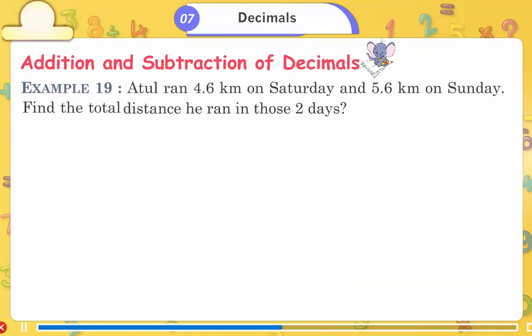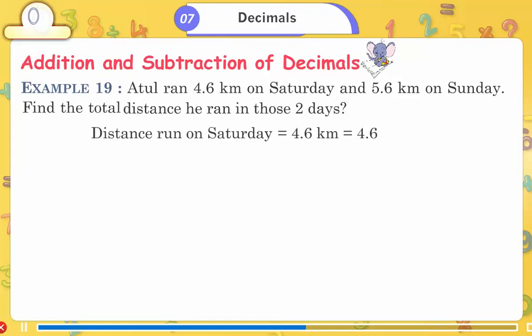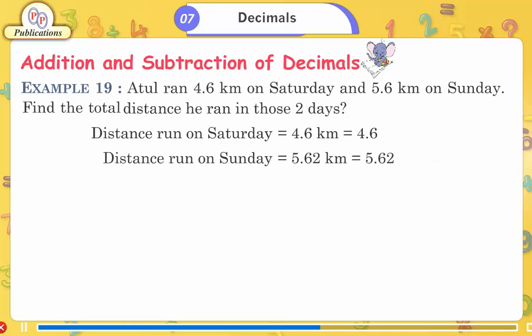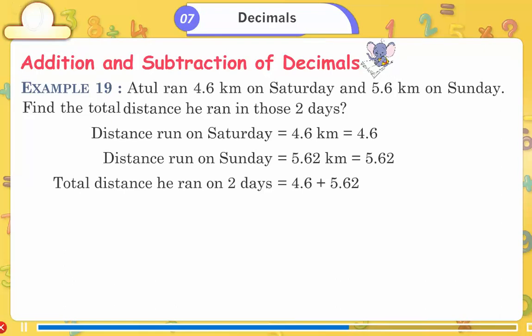Example 19. Atul ran 4.6 kilometers on Saturday and 5.62 kilometers on Sunday. Find the total distance he ran in those 2 days. Distance run on Saturday is 4.6 kilometers. Distance run on Sunday is 5.62 kilometers. Total distance he ran in 2 days is 4.6 plus 5.62.